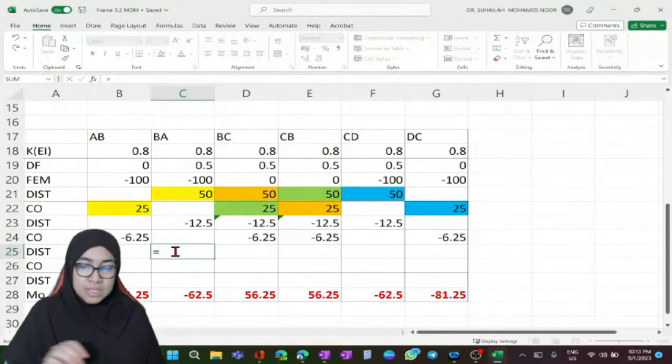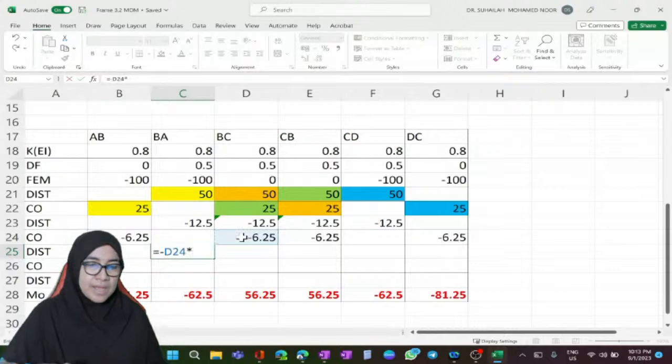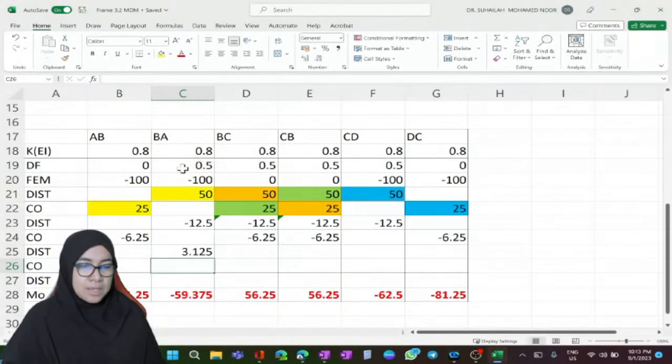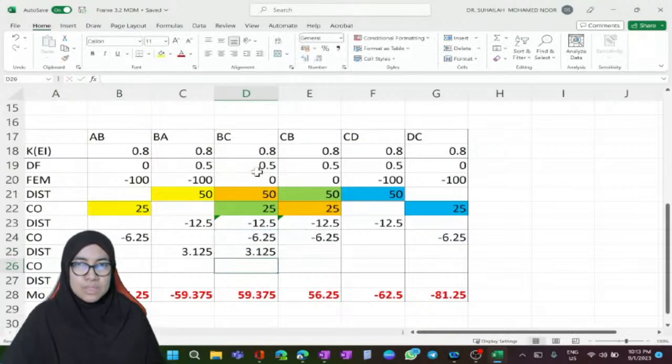Okay, so distribution. So we put negative. So it is 6.25 times the factor 0.5 is 6.25 times with 0.5, because the EI and the length is equal, so that is why the factor is also 0.5.